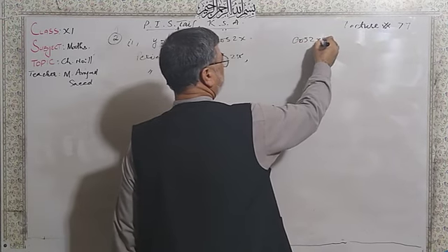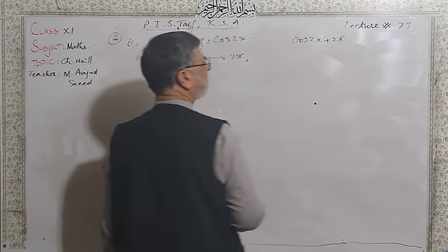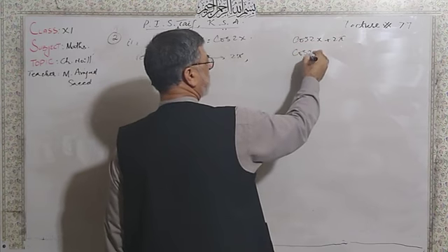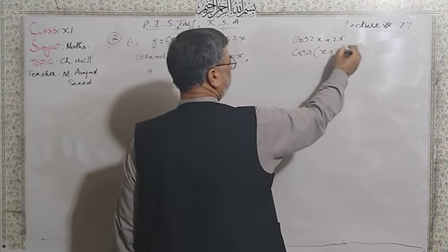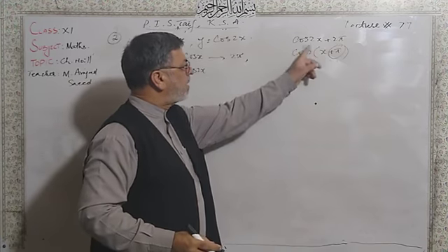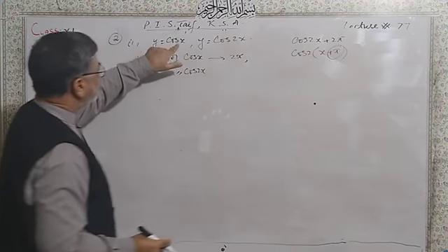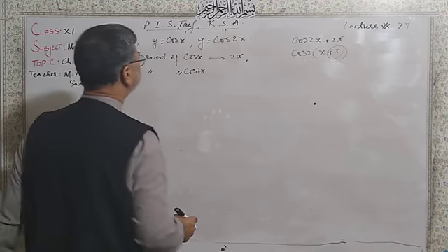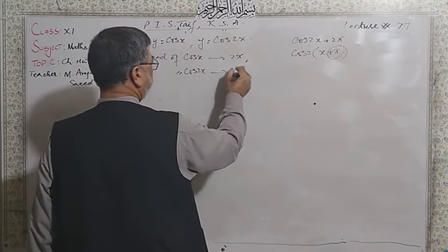Actually, cos 2x, taking 2 common, that will be pi. So pi is the period of cos 2x and cos x has the period 2 pi.